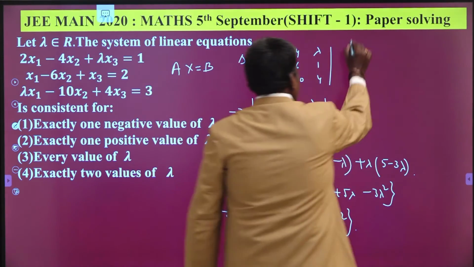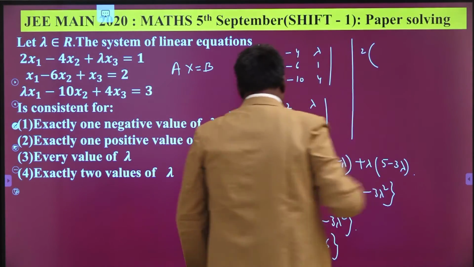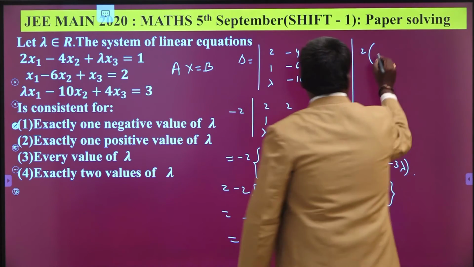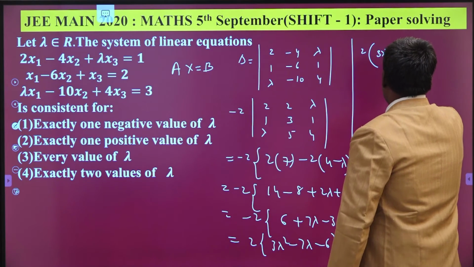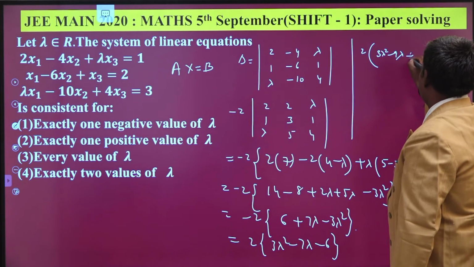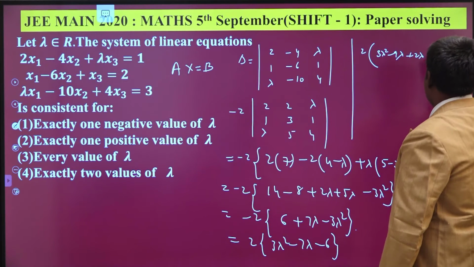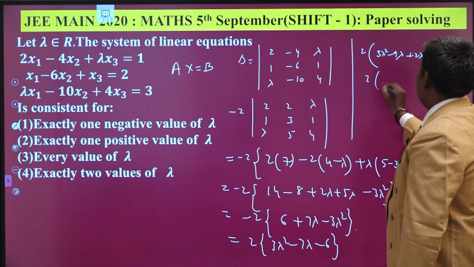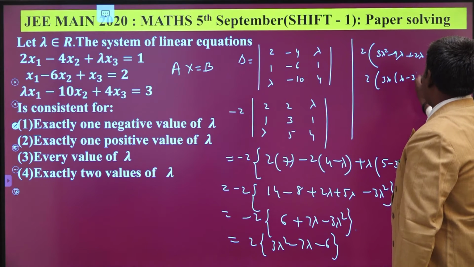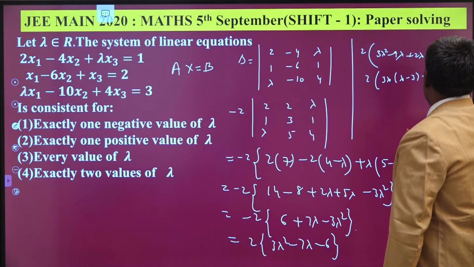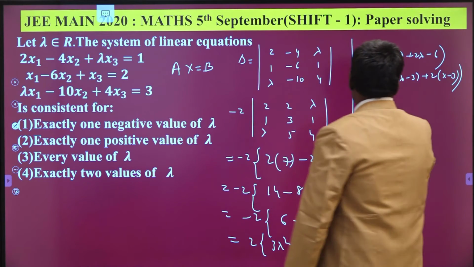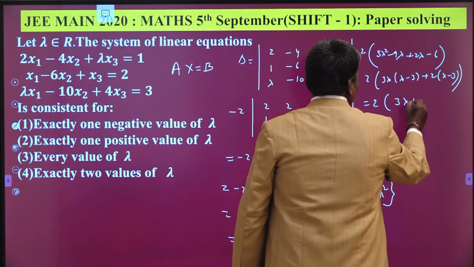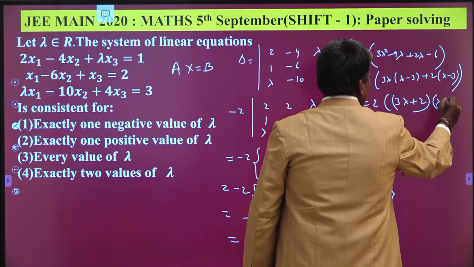So this is nothing but 2 times of 3 lambda square minus 9 lambda plus 2 lambda minus 6. That is 2 times of 3 lambda into lambda minus 3 plus 2 times of lambda minus 3. This is nothing but 2 times of 3 lambda plus 2 into lambda minus 3.